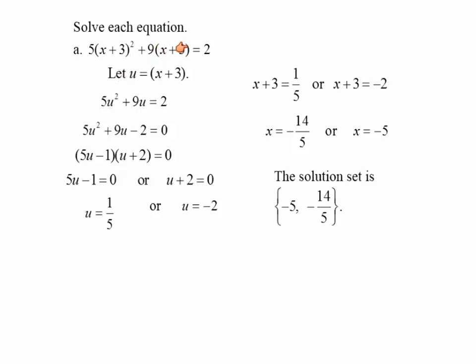So if I let some variable like u be equal to x plus 3, then if I square both sides, u squared must be equal to x plus 3 squared, which is right here. So this would be 5u squared plus 9u equal to 2.